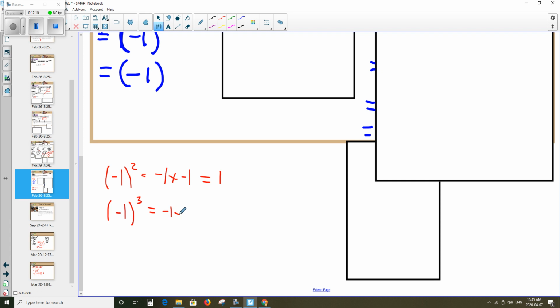That means -1 times -1 times -1. These two are going to give you +1, and then you multiply that by the last -1, so now you have a positive times a negative, which gives you a -1.